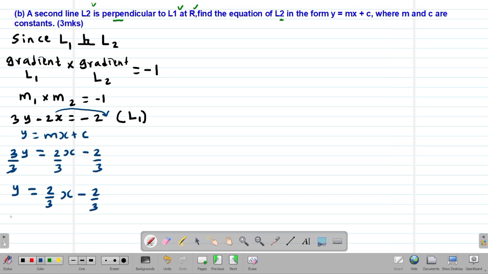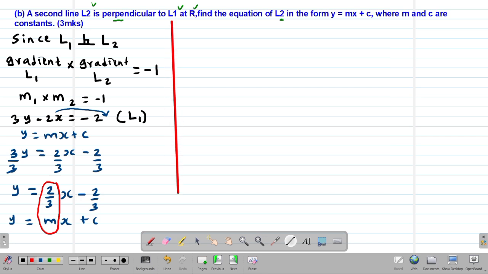Clearly it is in the form y equals mx plus c, and by direct comparison, m represents the gradient of the line, so the gradient of the first line is a positive 2 over 3.